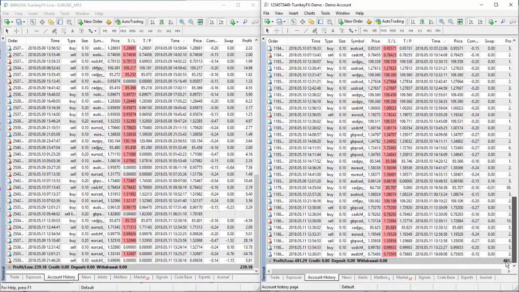And overall the demo account closed $481, but the live account over the course of the week only closed $239, which really, even that wouldn't be that bad if we did not have all of those hedged sets in there that's really weighing us down at the moment.